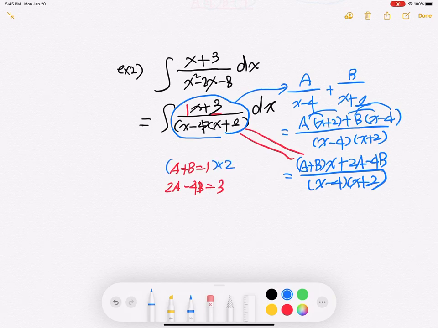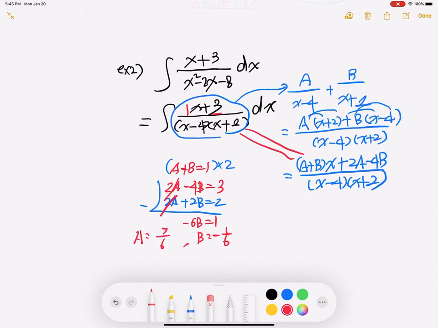It's going to be 2A plus 2B equals 2. And then subtract, and the 2A terms cross out. Negative 6B equals 1, so B equals negative 1 over 6. That means A equals 7 over 6 because A plus B should be 1.